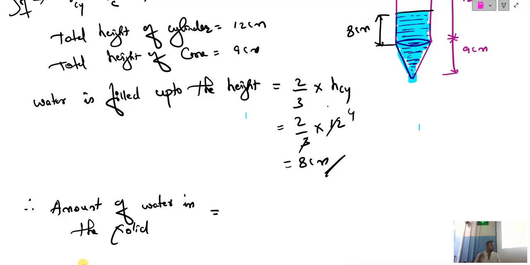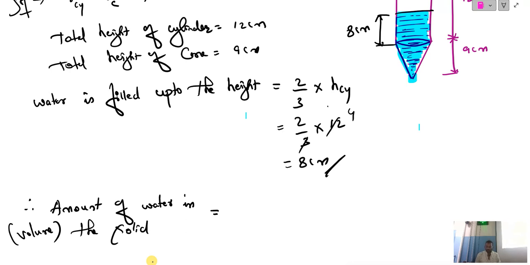Volume. Why? Because it is water. Because anything which occupies space, that matter which occupies space is nothing but volume. Whenever a liquid is given in a question, it means volume. So indirectly we have to calculate the volume of the entire solid.